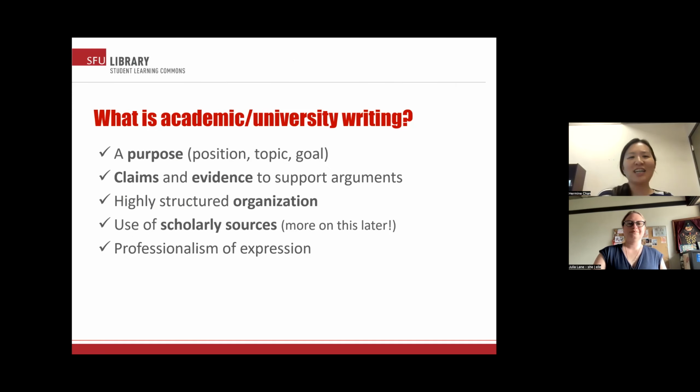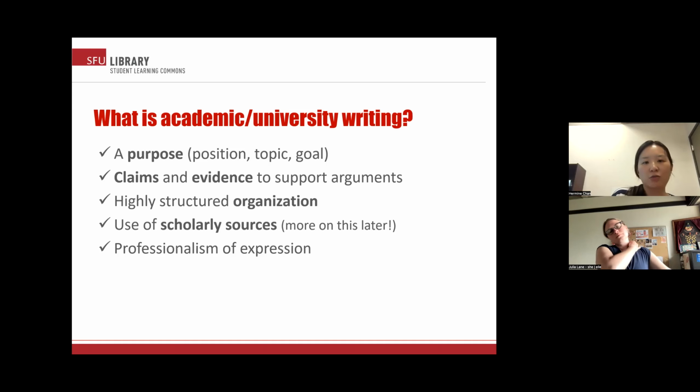Okay, so what is academic writing? What is university writing anyway? It is a kind of writing with a purpose, just like all other types of writing, but more specifically, you will have to have a strong position. So whatever topic you're talking about, you will have to show what you believe and why you believe in it. And you will also need to have claims and evidence to support your argument.